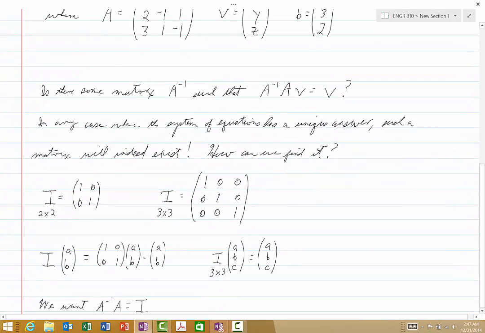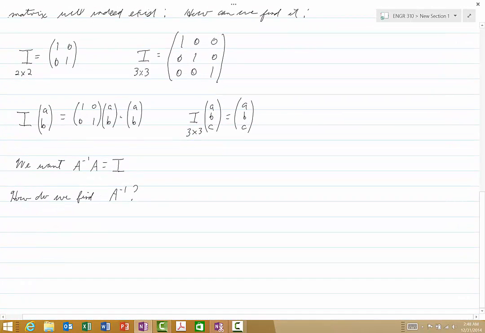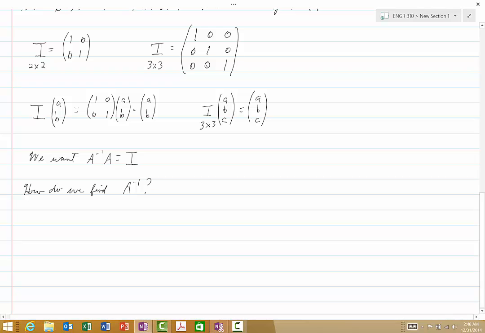So, how do we find A inverse? Okay, and this is called the Gauss-Jordan technique.